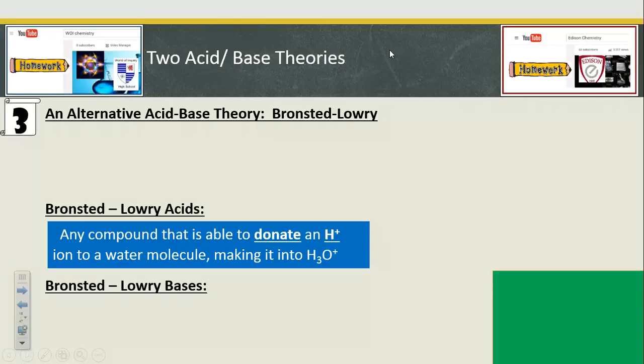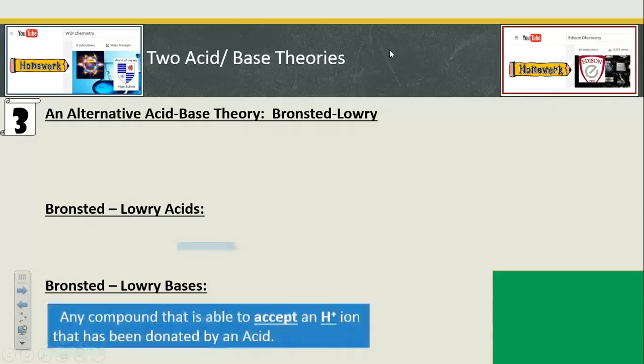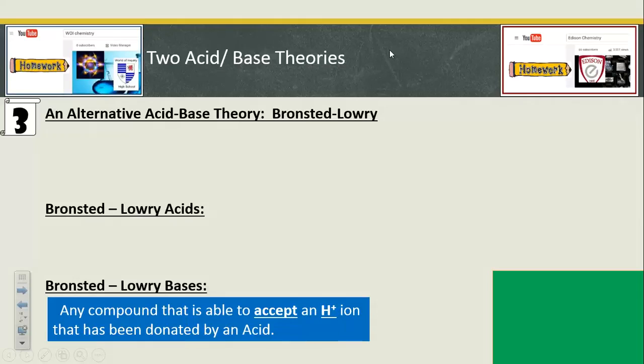Some compounds react with water to make acids, and some compounds react with water to make bases. So the compound itself doesn't have the acid or the base part in it, but the reaction of the compound with water creates the acid or the base part, which is why this theory really does work.